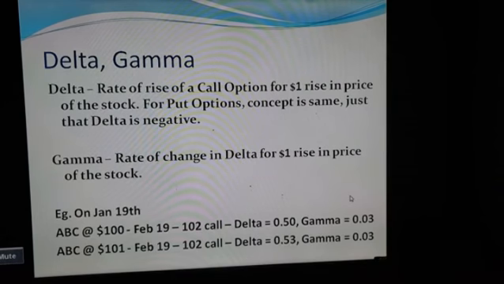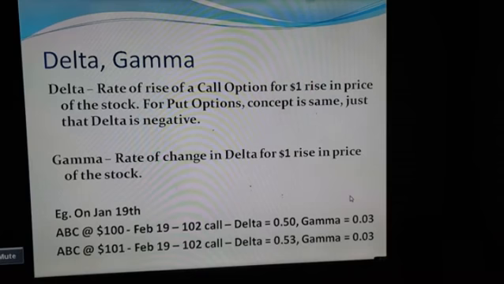If delta is high, your call is going to rise higher. For put options it is the same thing. If you understand the delta of a call option, you can understand the put option. If the stock price rises by $1, the put is going to fall by the value of delta. That is why delta of puts is negative. Now gamma is another factor.